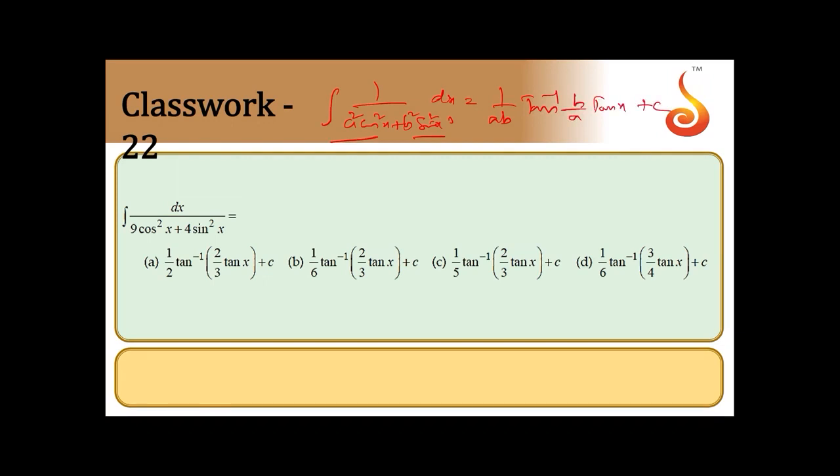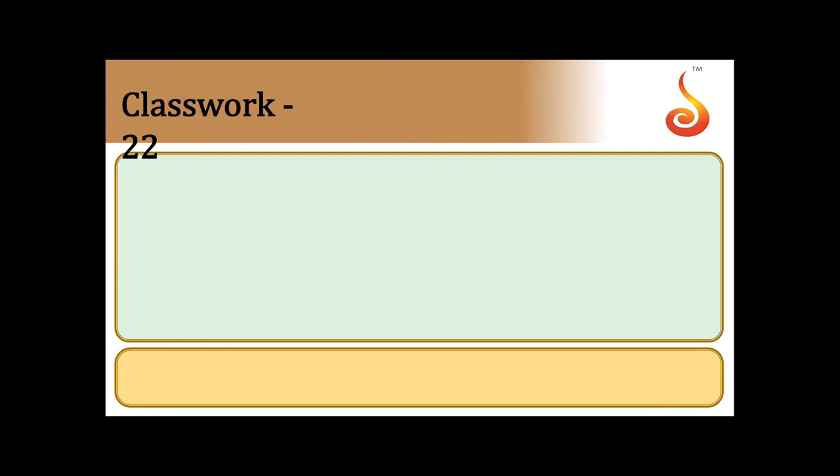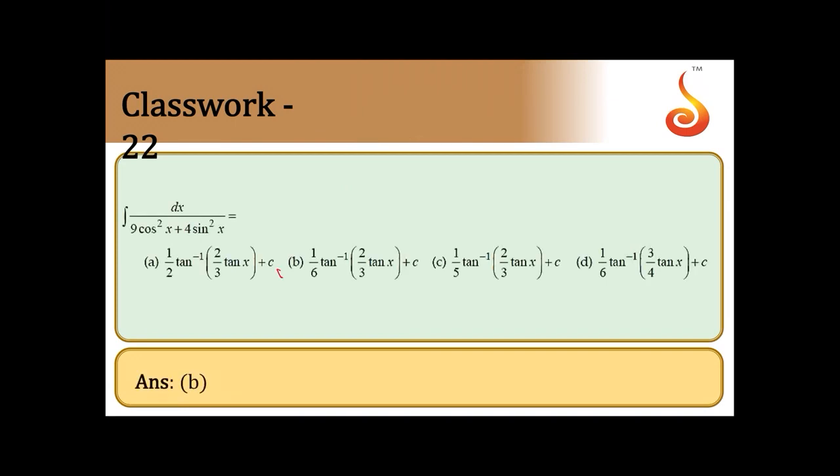Therefore, according to that formula, it is 1 by ab, which is 2 into 3, 6. This is root 4, root 9, that's nothing but 2 into 3. So it is tan inverse of 2 by 3 times tan x plus c. So the answer is B.